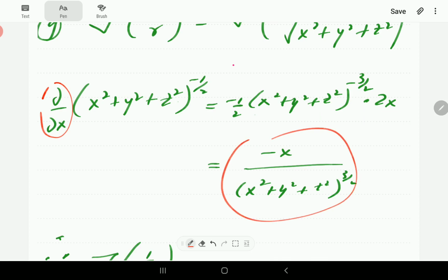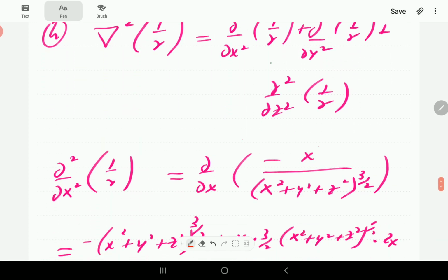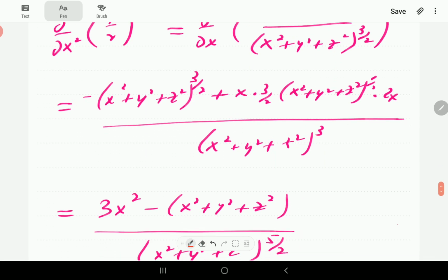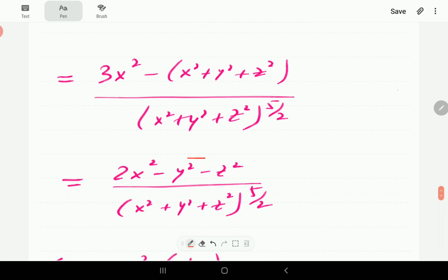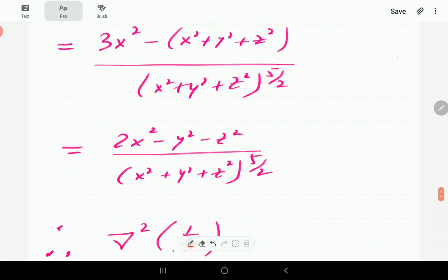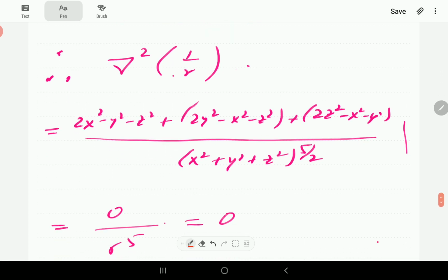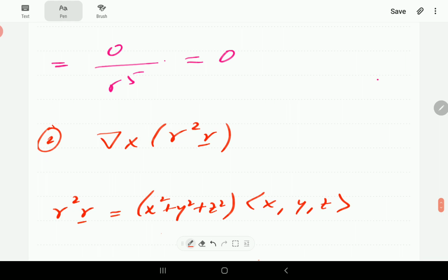So if we differentiate this again with respect to x, which we do here, then using the quotient rule, this is what we get. And then we're going to do the same thing with respect to y. So we get 2x squared minus y squared minus z squared, for the y one, the y will be here, and then for the z one, the z is going to be there.